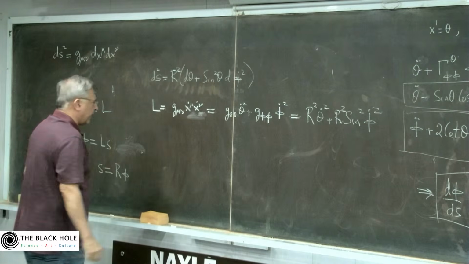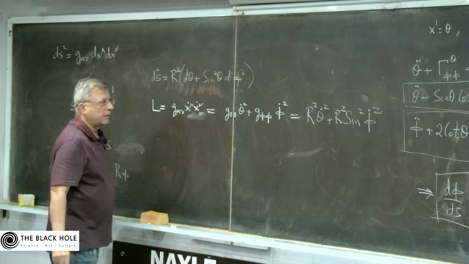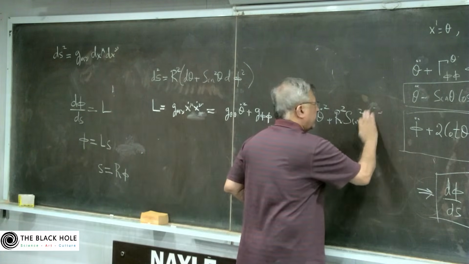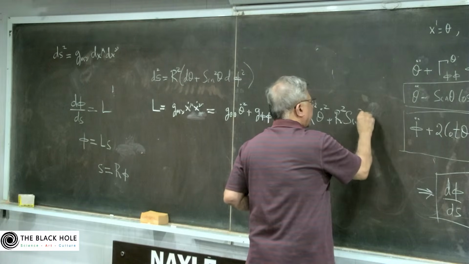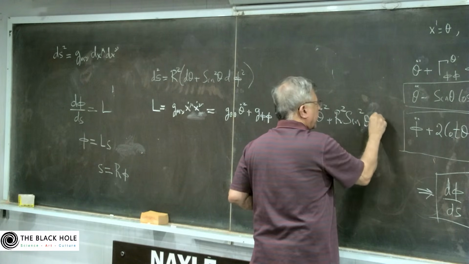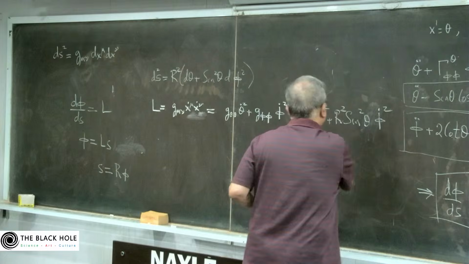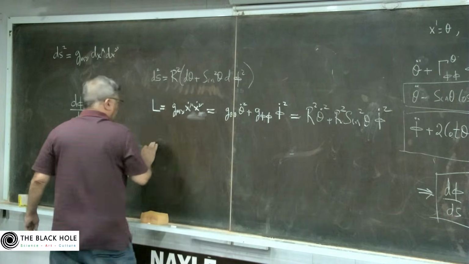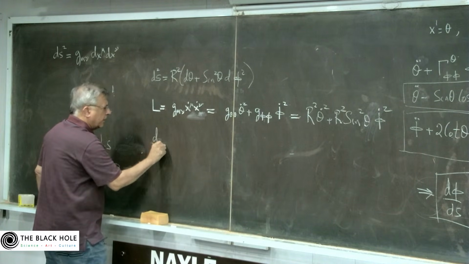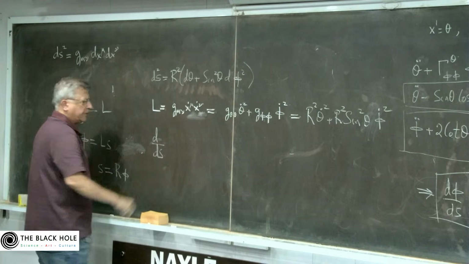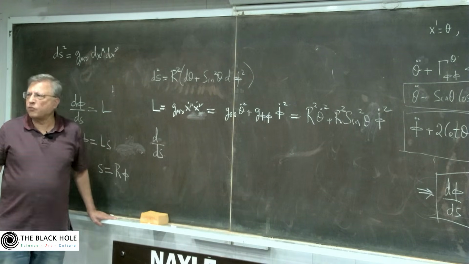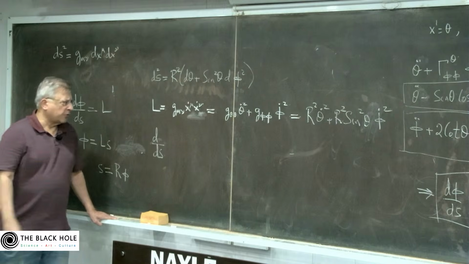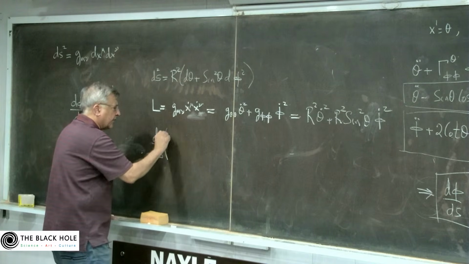Okay, so we had good. What was Lagrange's equation? There'll obviously be two of them. So one will be this.